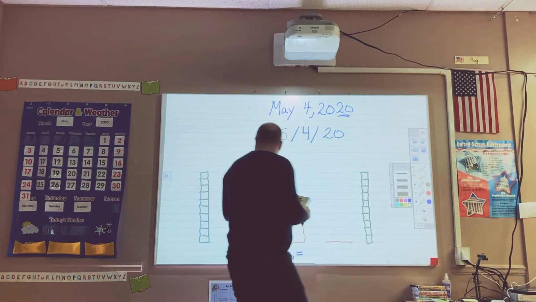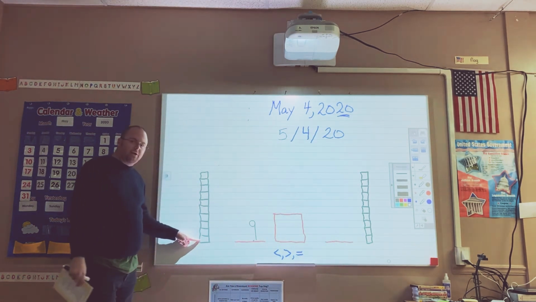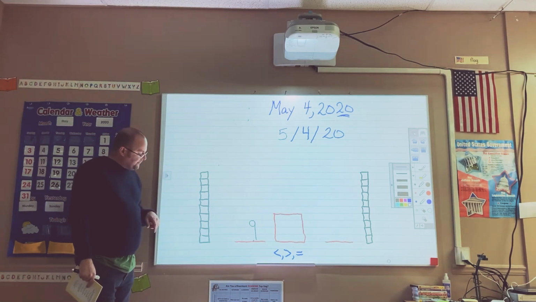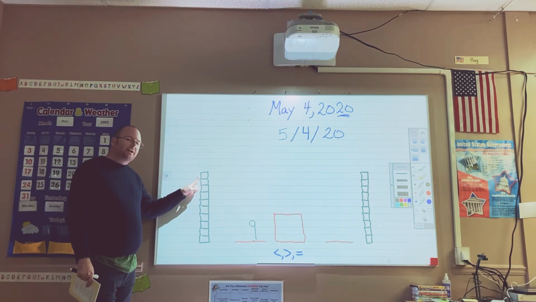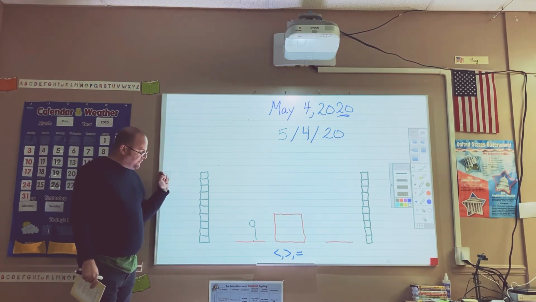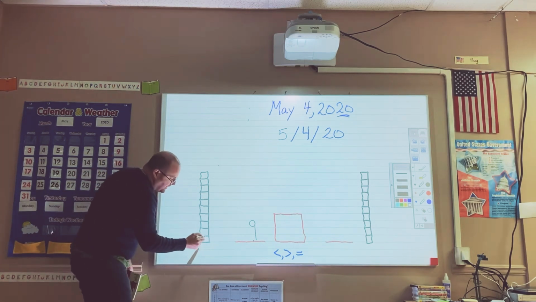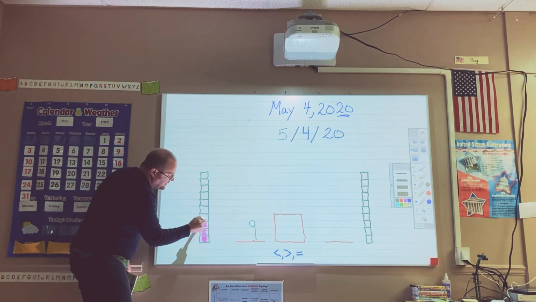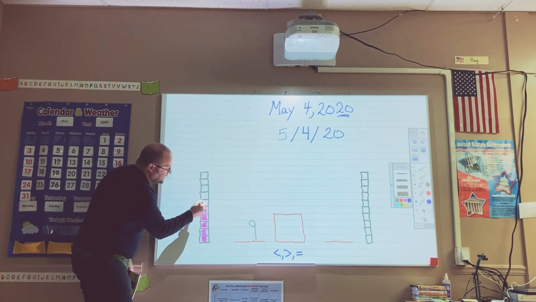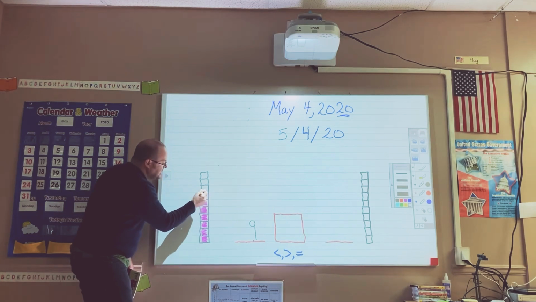Before I do that, I even did a little 10 strip here, or a kind of little fraction strip that you can use, or you can think of it as a 10 strip. I'm going to fill in 9 of them. 1, 2, 3, 4, 5, 6, 7, 8, 9.